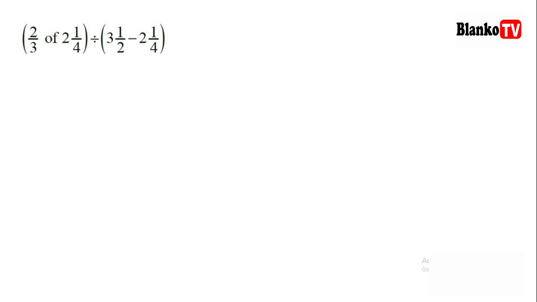Okay, so we are to evaluate without a calculator 2 over 3 of 2 whole number 1 over 4 in a bracket, divided by 3 whole number 1 over 2 minus 2 whole number 1 over 4, also in a bracket.